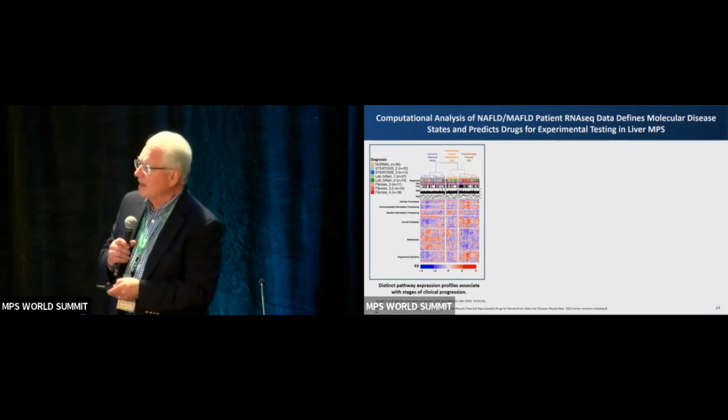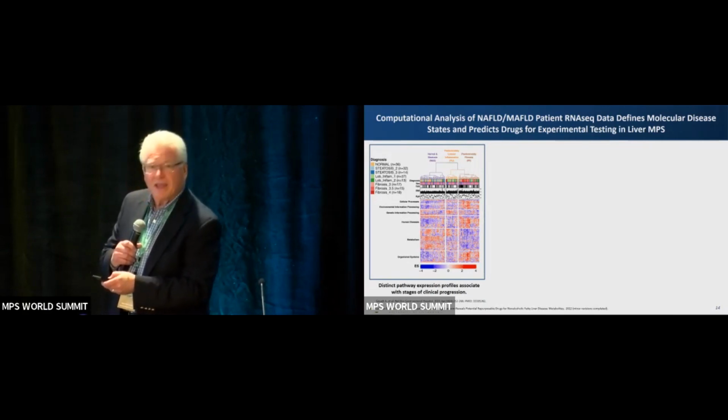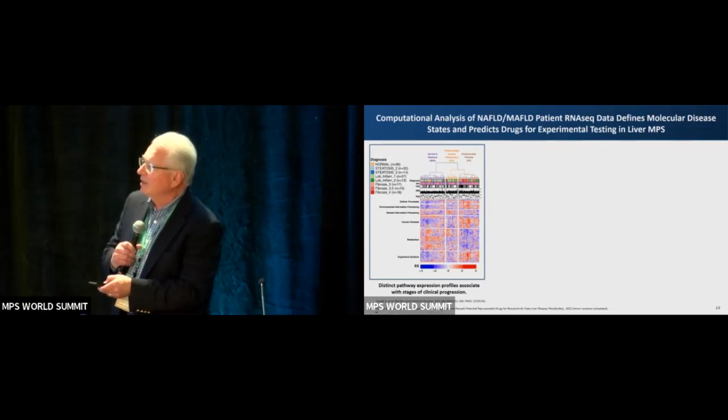This is obviously a complex image, and you can't see it well in the back. But what we did was to take the 182 patients, which are shown in this heat map in the columns, and then pathways within the KEGG space are the rows.